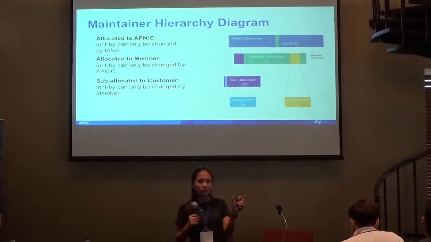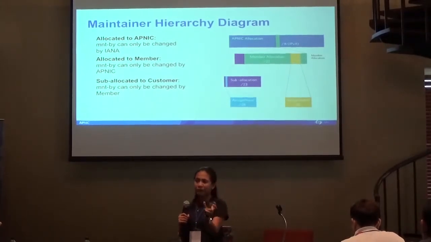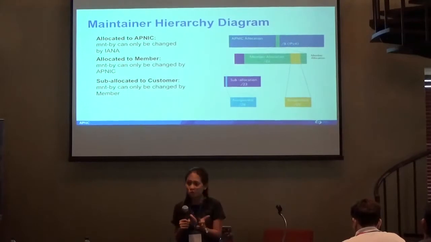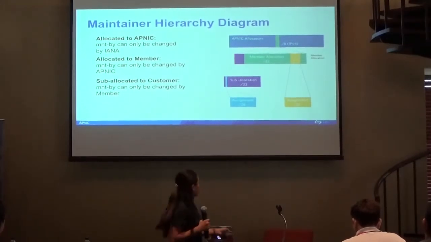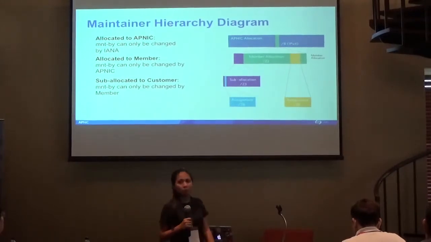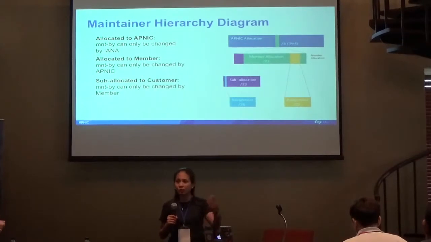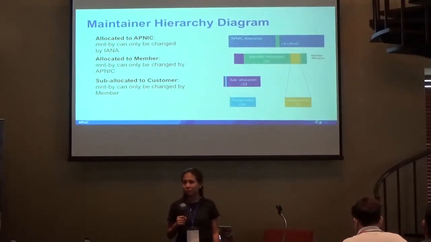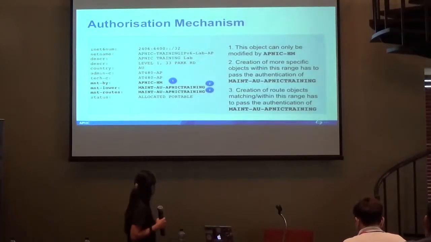So you most likely will see mnt-by APNIC-HM or APNIC hostmasters. What about these sub-allocations and assignments? The mnt-by will be you. If that's your block, then the maintainer will be you. Okay? You can skip that.